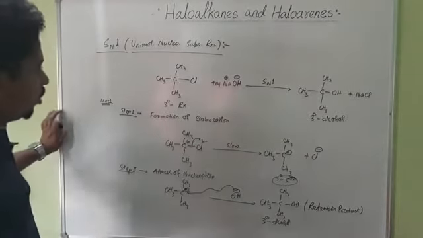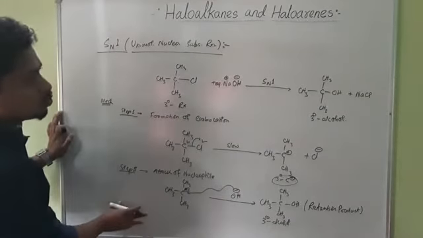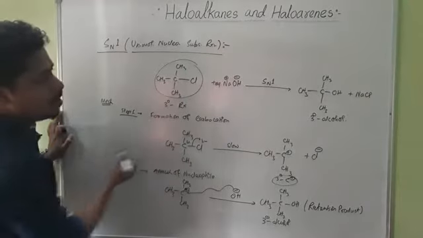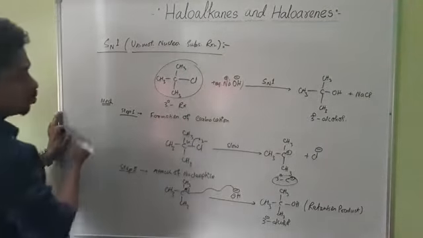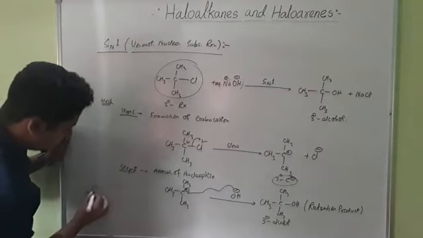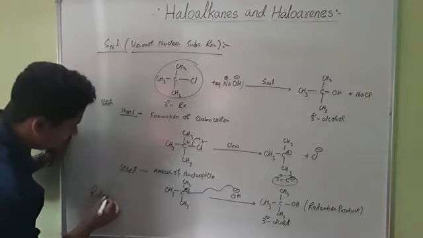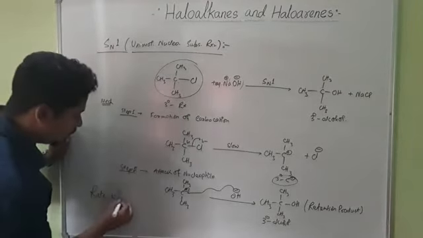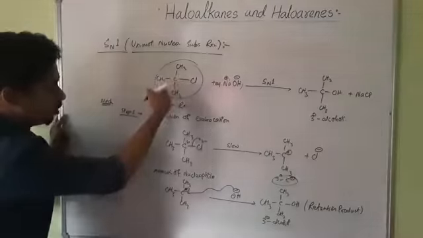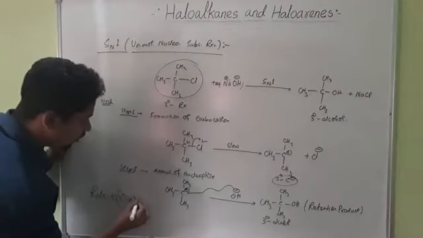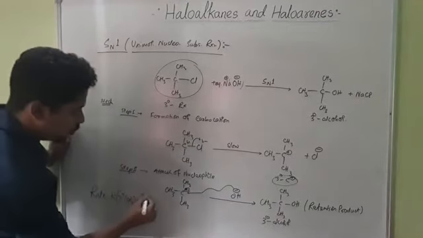In this reaction, the rate depends upon both this 3 degree alkyl halide and this nucleophile OH minus. So the rate of this reaction is equal to K into 3 degree alkyl halide, 3 degree RX, or you can say (CH3)3CCl and OH minus.